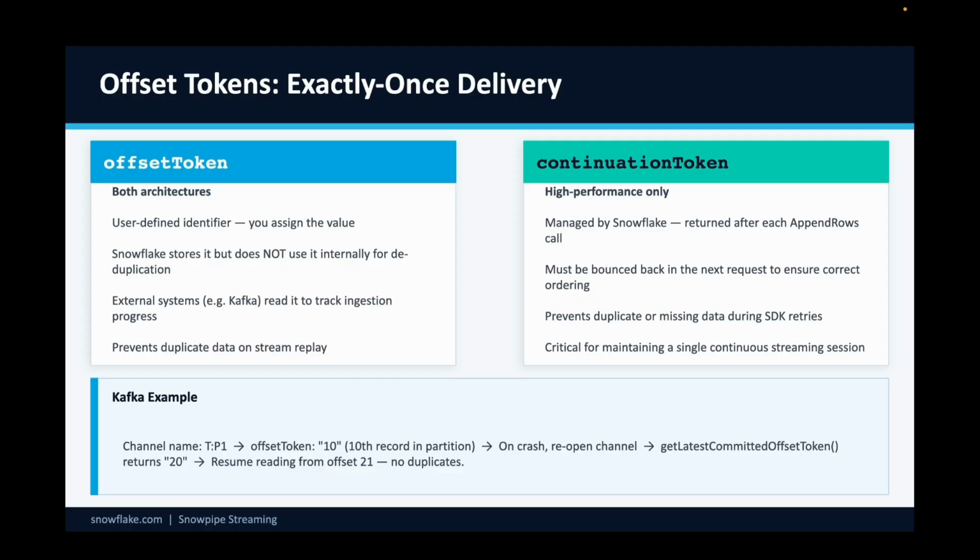On a crash, it reopens the channel and gets the latest committed offset token, and Snowflake returns 20 to Kafka, and it resumes reading from offset 21 with no duplicates. So this whole architecture ensures that data is read only once and no duplicate data is produced. That's the power of Snowflake Snowpipe streaming.